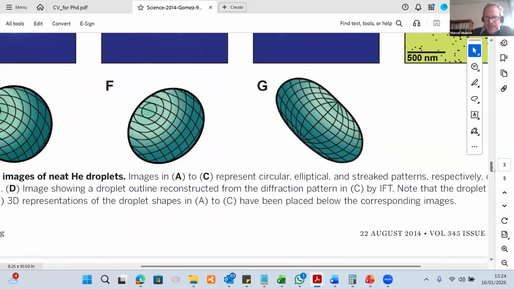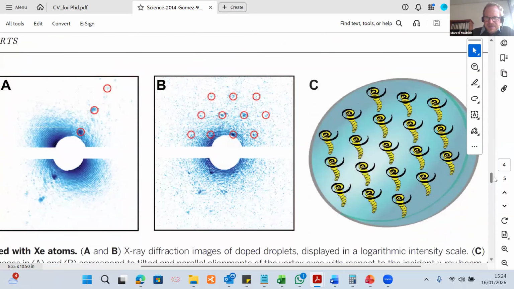And so they use the property of these vortices to basically suck in any atom that floats around, like a tornado also attracts objects that orbit around it towards the core line.